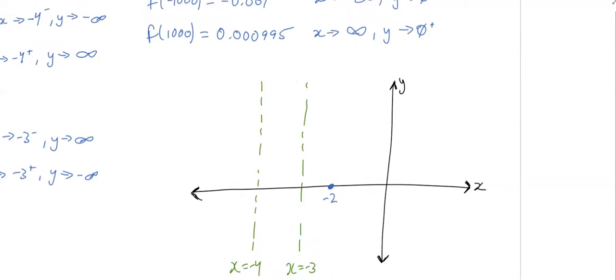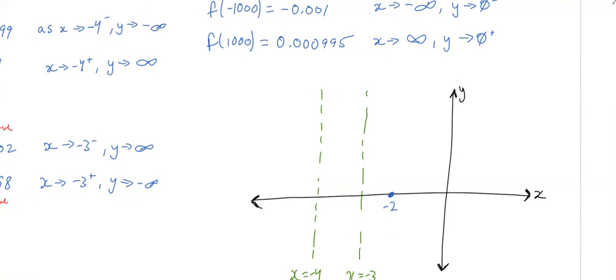Okay, and start with the behavior. As we approach -4 from the left, we're going down. As we approach -4 from the right, we're going up. Next one. As I approach -3 from the left, I'm going up. As I approach -3 from the right, I'm going down.